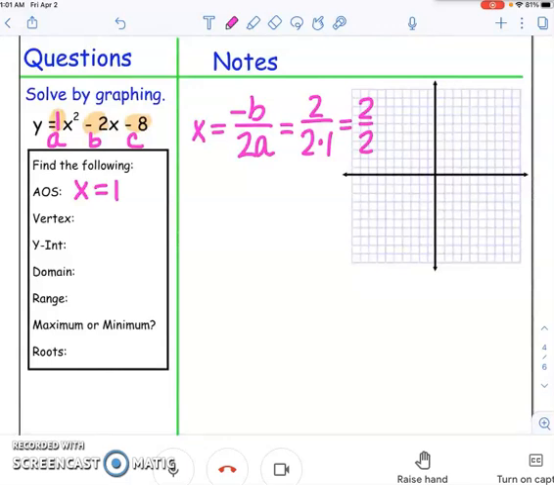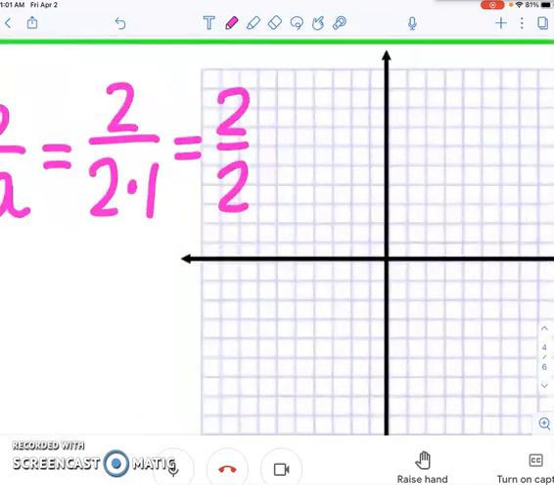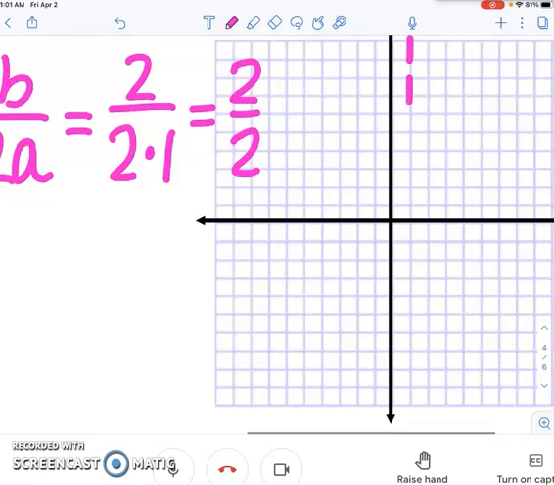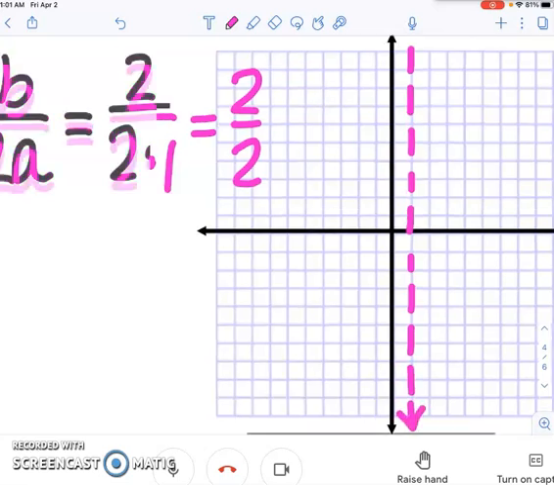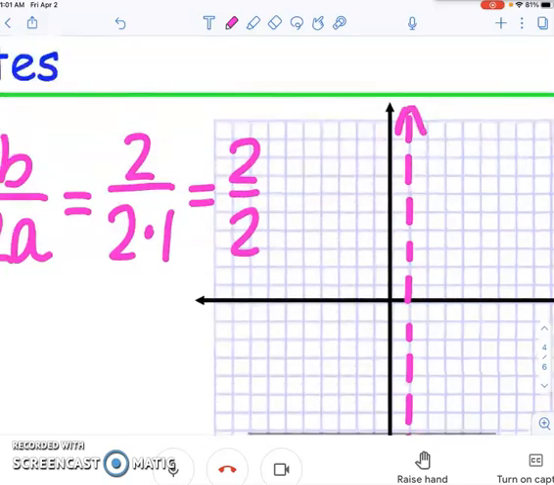So that's why I start with the x equals. So x equals 1. Okay, now I'm going to draw my line. Axis of symmetry, x equals 1, so it's a dashed line through x equals 1. So that's my AOS.